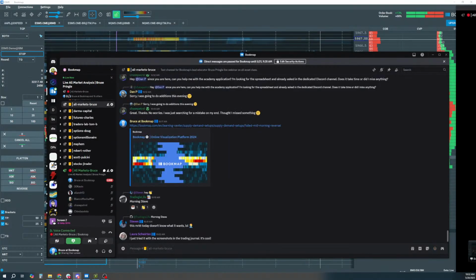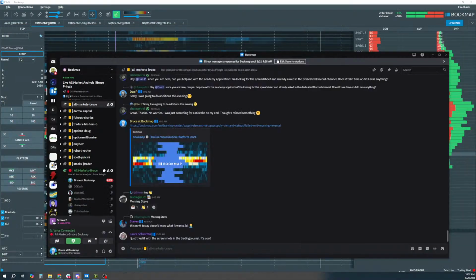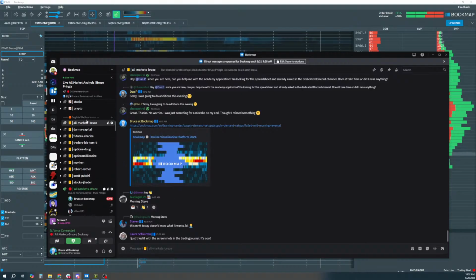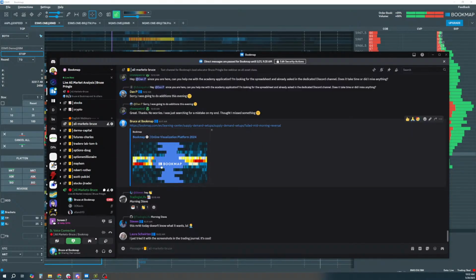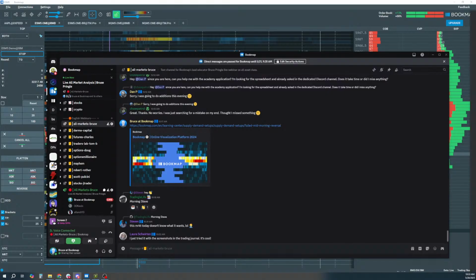Pop it out, and then you'll see the presentation on that screen. What that does is it allows you to then go back up and scroll up to the All Markets matching chat room here. So click on that, and then you'll be in the chat room here, and you can ask questions in here. All right. Okay, I hope that helps.